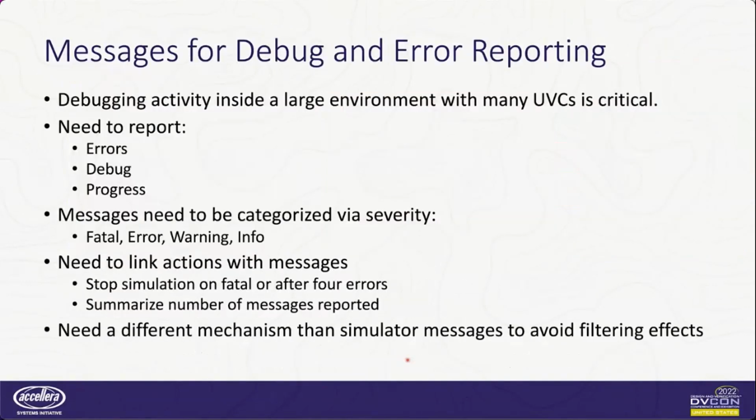The other thing that we want to take out of UVM is the ability of messaging. UVM has a very powerful messaging capability built into it that can report errors, debug messages, and can also respond to those actions. So if you get an error, you can specify what the action is. Does the simulator stop? Does it just report the error?